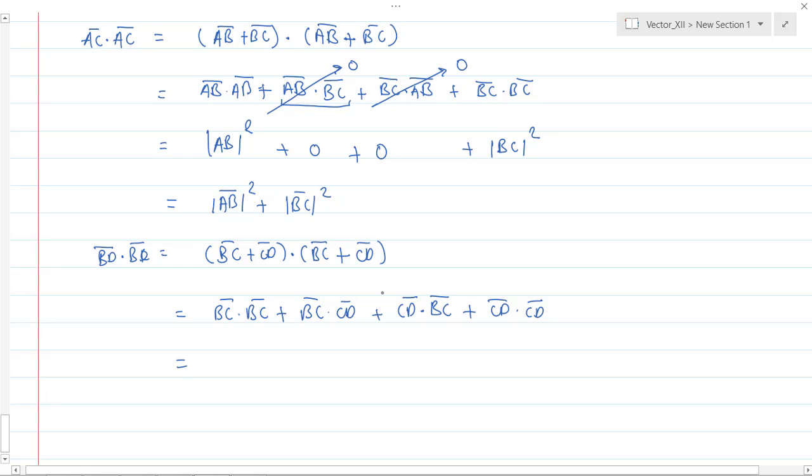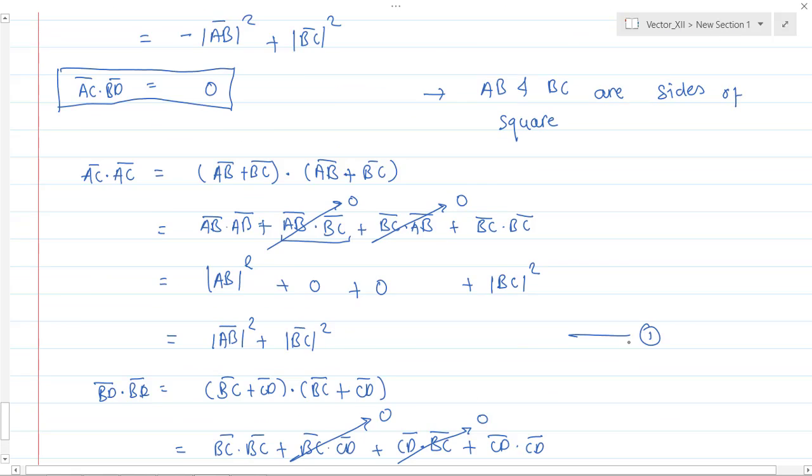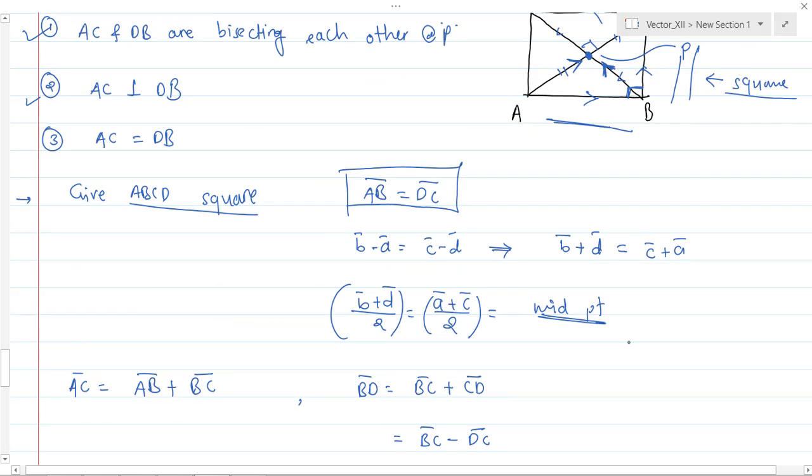This is equal to, now again these two are perpendicular to each other, so we can directly make them 0. What is remaining is mod of BC bar square plus 0 plus 0 plus mod of CD bar square. Now consider this equation number 1 and equation number 2. Somewhere we have proved that as it is a square, AB is equal to DC.